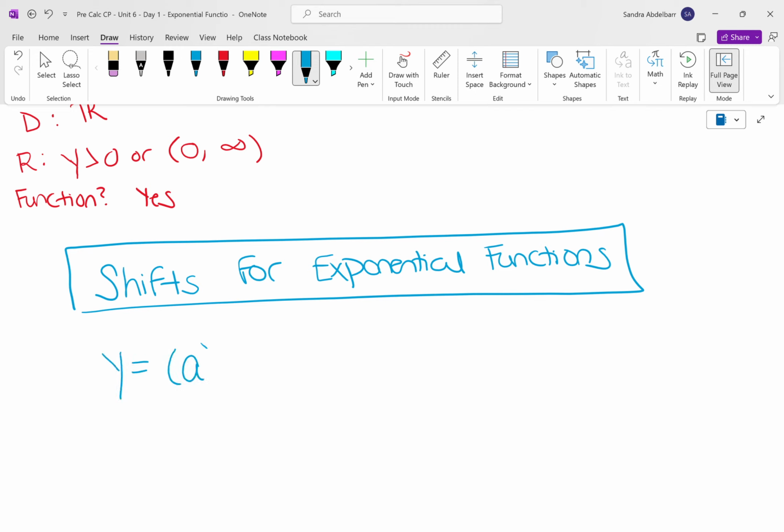So if we have y equals some base a raised to the x minus h power and then plus k, not in the exponent.